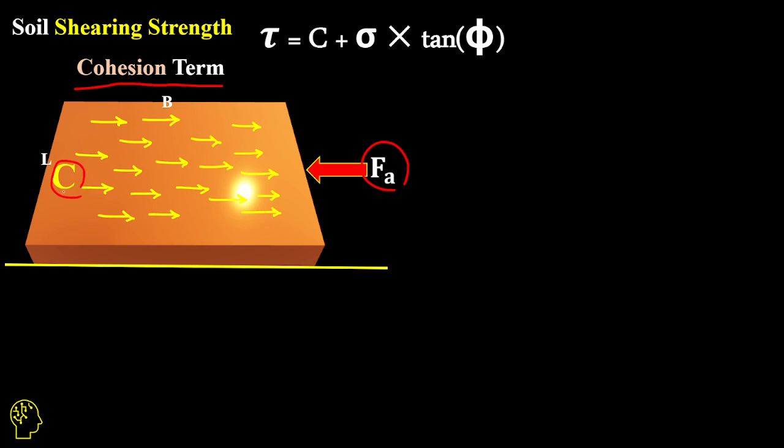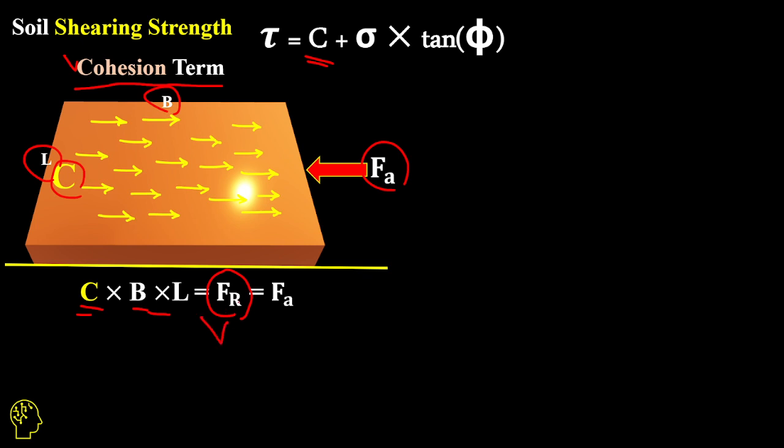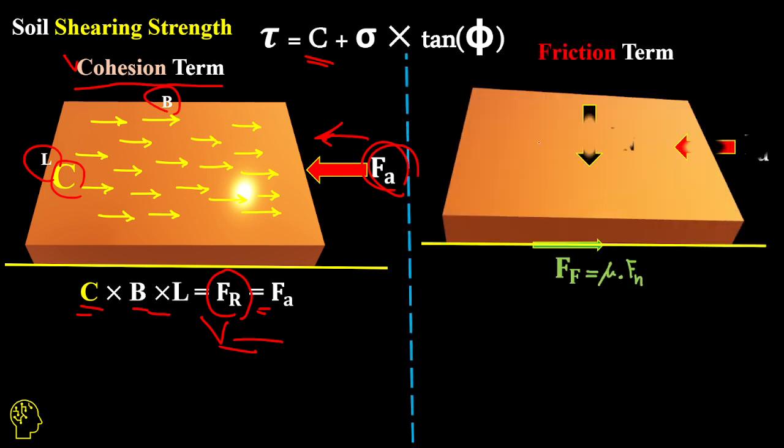So this C stands for the cohesion term of the soil, and that is applied to the area of B times L of our element, which gives the resistant force, equal to the applied force and opposing it. And the other component is the frictional term.